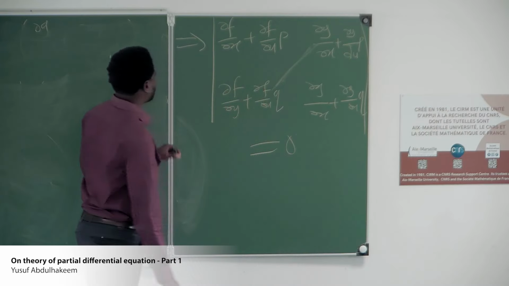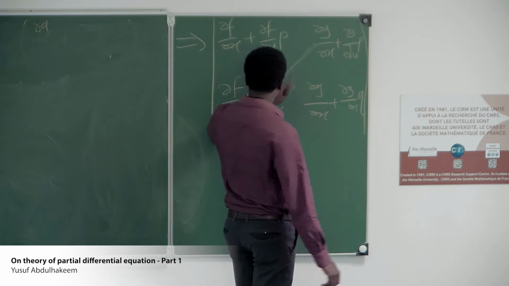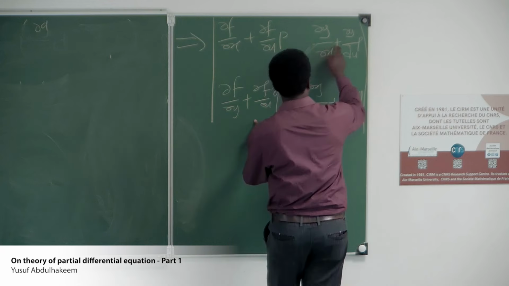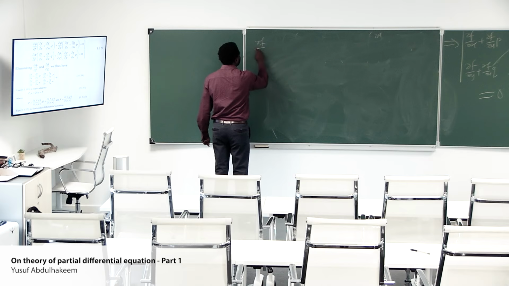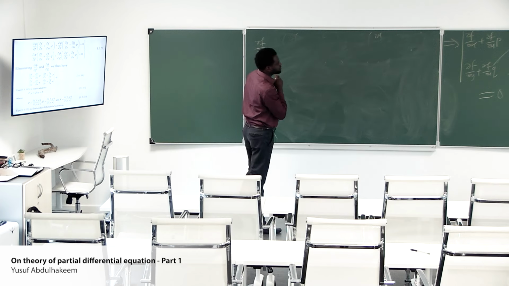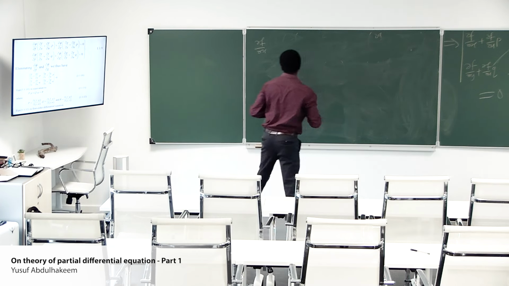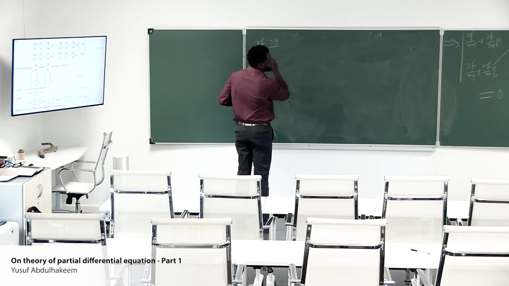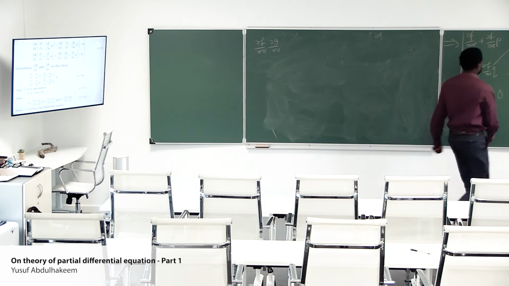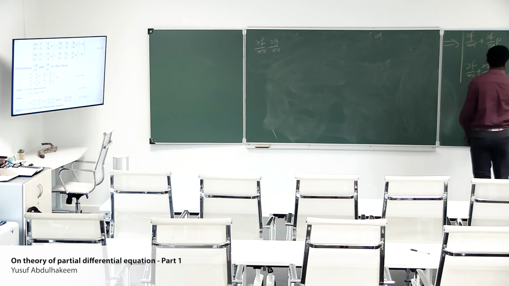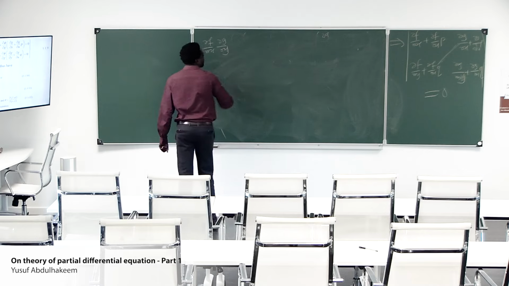We'll see from here that by the time we multiply this and this, minus the product of this, and equate everything to 0, let's see how we can obtain this 1.1.11 from here. So clearly we can see that we can have ∂f/∂x, ∂g/∂y.